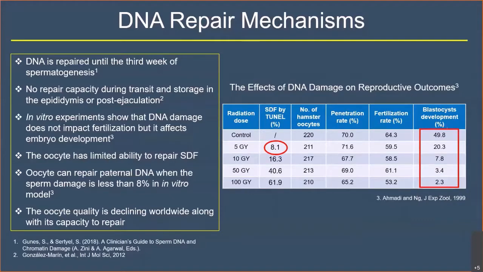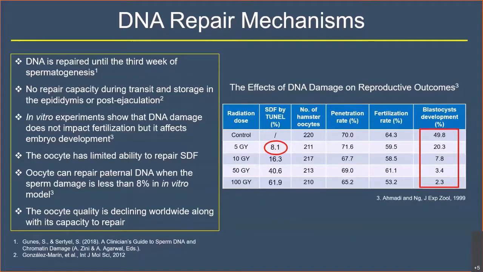As you can see, increased rates of sperm DNA fragmentation do not affect penetration rate or fertilization rate, while blastocyst development is significantly affected when sperm DNA fragmentation is higher than 8%.